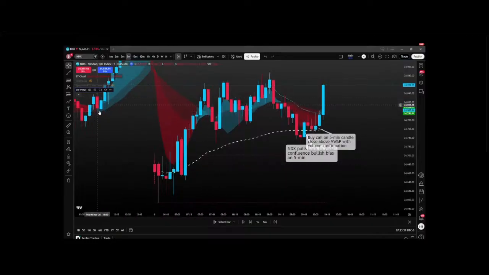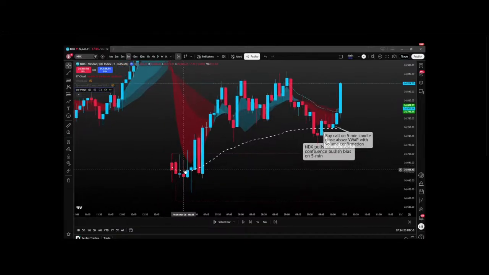Once market opens, we wait the first 15 minutes. You can see that the opening range high is right here at 24,700, and the opening range low is right here at 24,593. We range back and forth, back and forth, and you can see our VWAP is already in place. It's anchored to the morning.